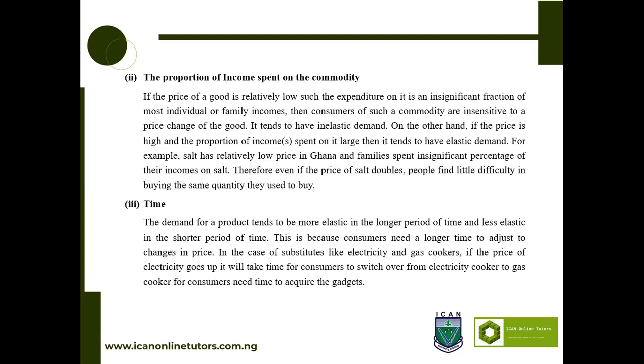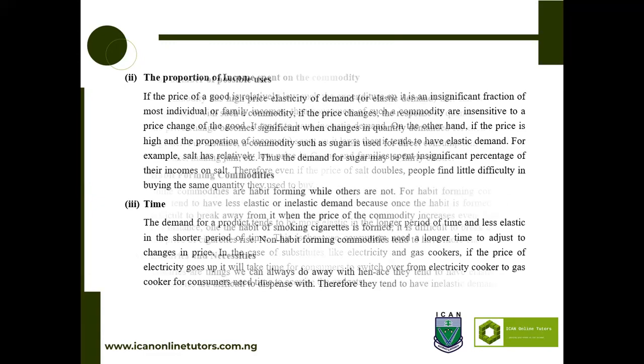In the case of substitutes like electricity and gas cookers, if the price of electricity goes up, it will take time for consumers to switch over from an electric cooker to a gas cooker, for consumers need time to acquire the gadgets. So time is also one of the determinants of price elasticity of demand.